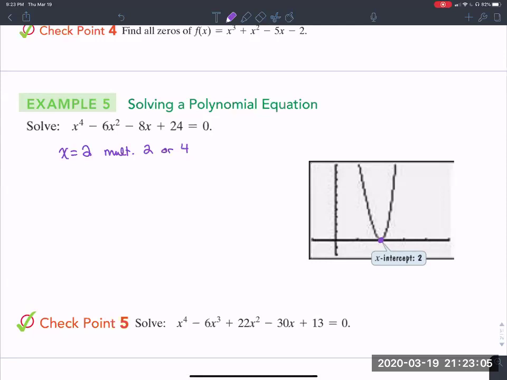So we know 2 is a solution. So we know that when we do synthetic division with it, we should get a remainder of 0. So let's do synthetic division.